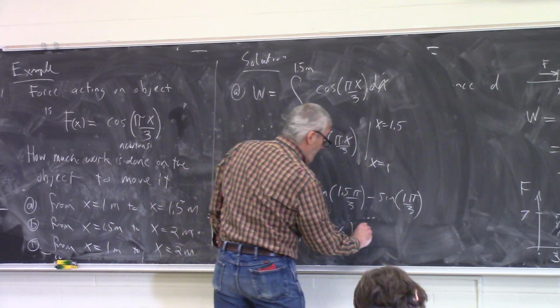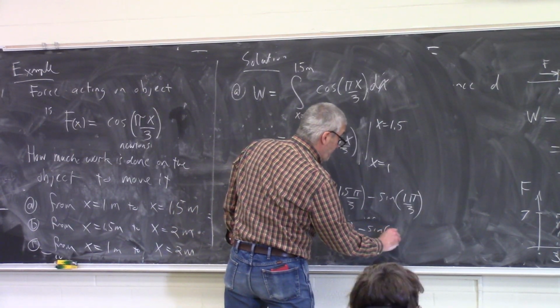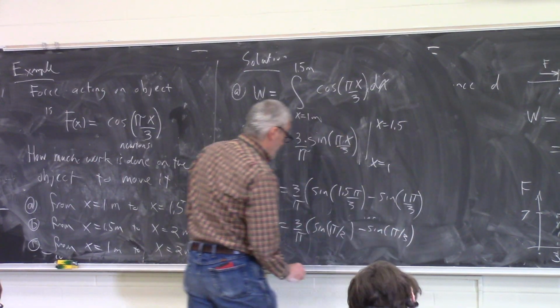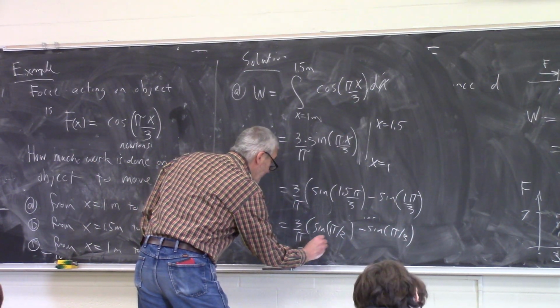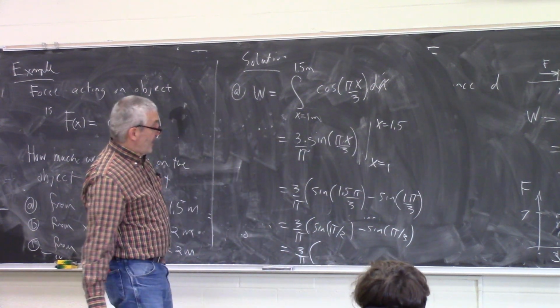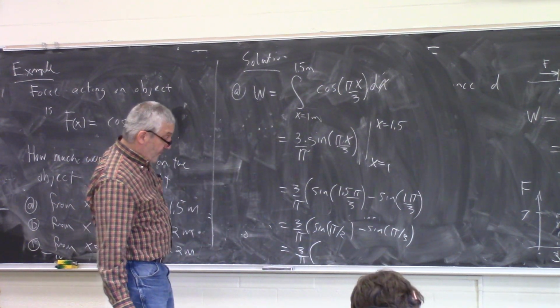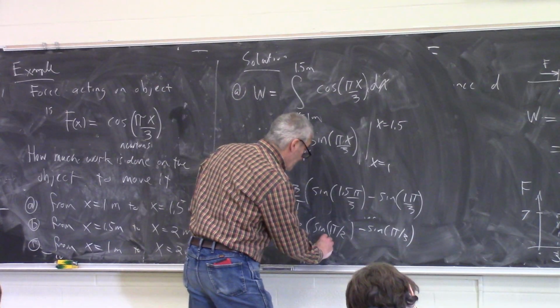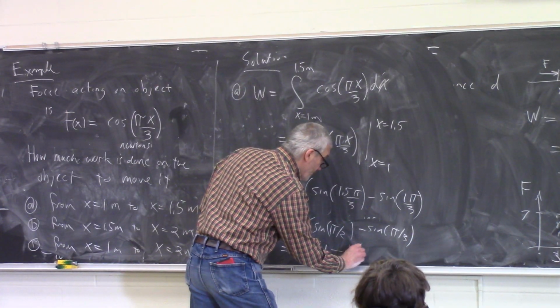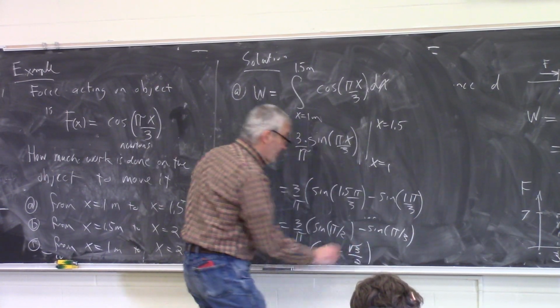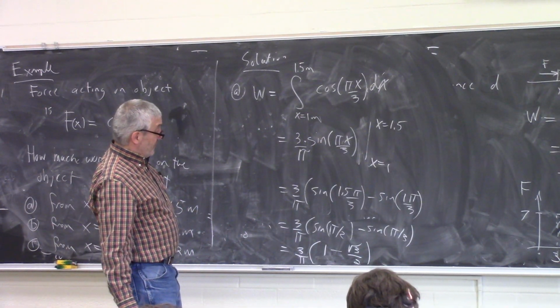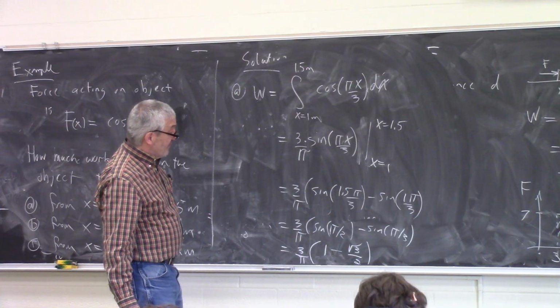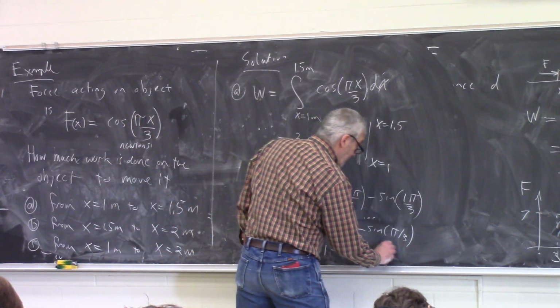And this is minus sine of pi over 3. So I get 3 over pi as my constant in front, and then I have the number 1 minus the number square root of 3 over 2. And I'm just going to leave it like that. And we have a force of newtons acting through distances of meters, so this is going to be joules.